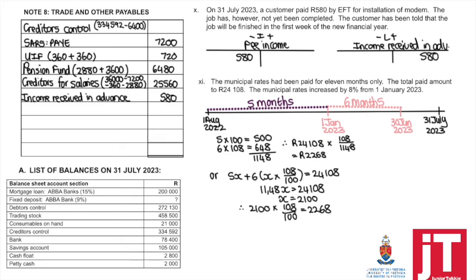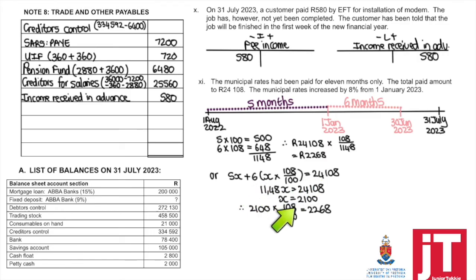Another option that you've got is using X. Using X gives you the figure before the increase. Then I still need to work out after the increase. So it says there now, or how to calculate it, 5x plus 6x times 108 divided by 100.